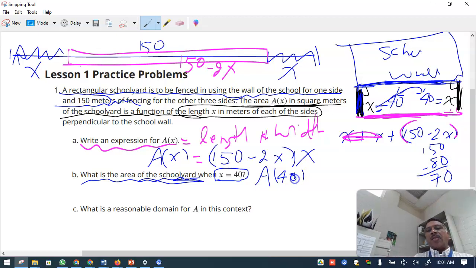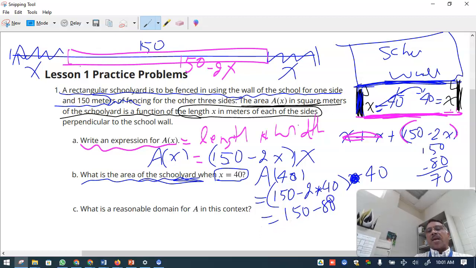But I want you to write it using the expression: 150 minus 2 times 40, then times x, which is 40. So that will be 150 minus 80, times 40. That is 70 times 40, so 7 times 4 is 28, and it becomes 2,800.